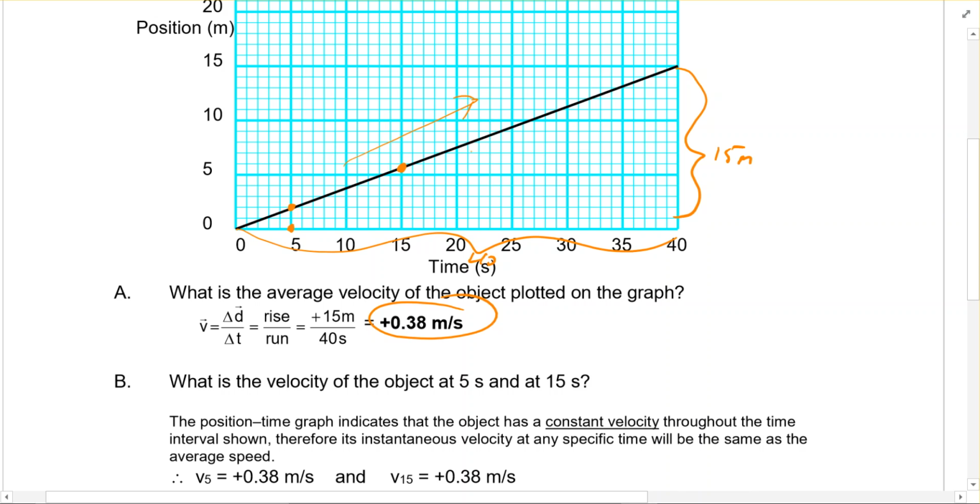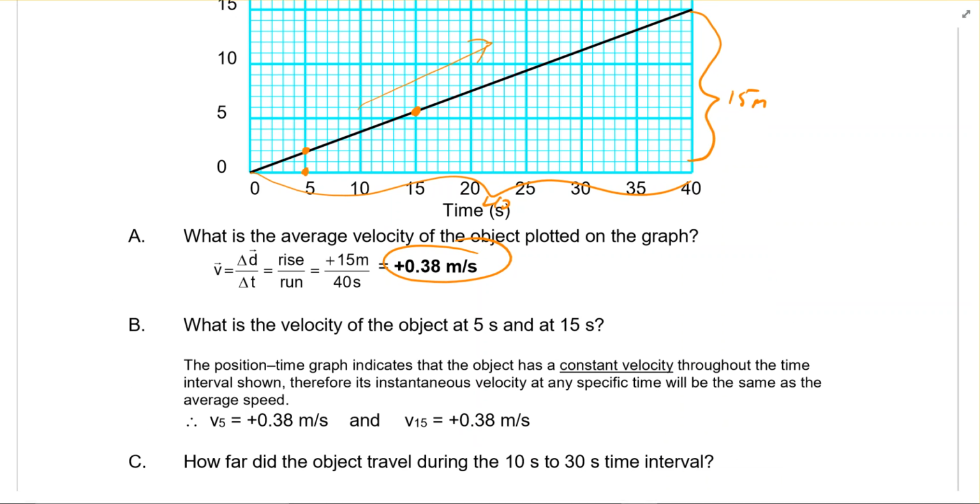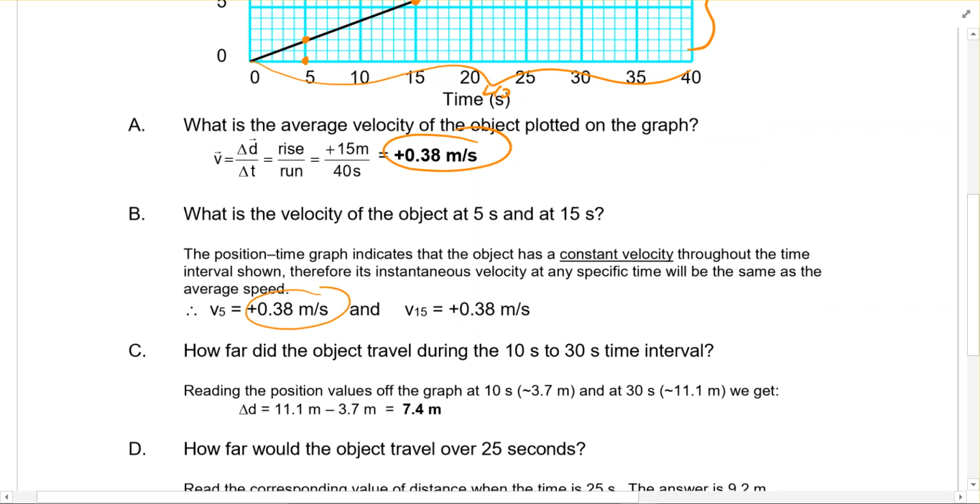This thing has the same velocity the entire way. It's a straight line. Some people might look at this and say, yeah, but the line's getting steeper and steeper. That's just showing that your position is getting greater and greater. Since we have a straight line, our velocity is the same the entire way. So it's going to be 0.38 at 5 seconds and at 15 seconds.